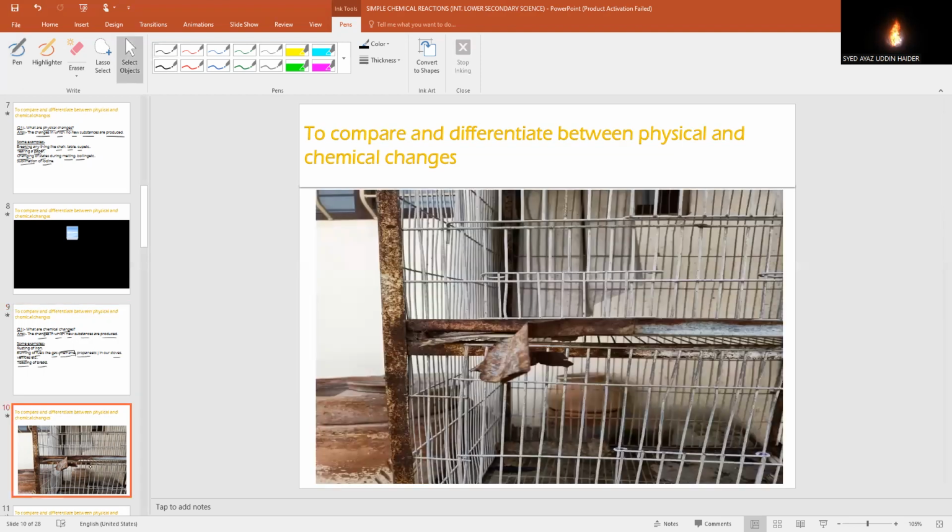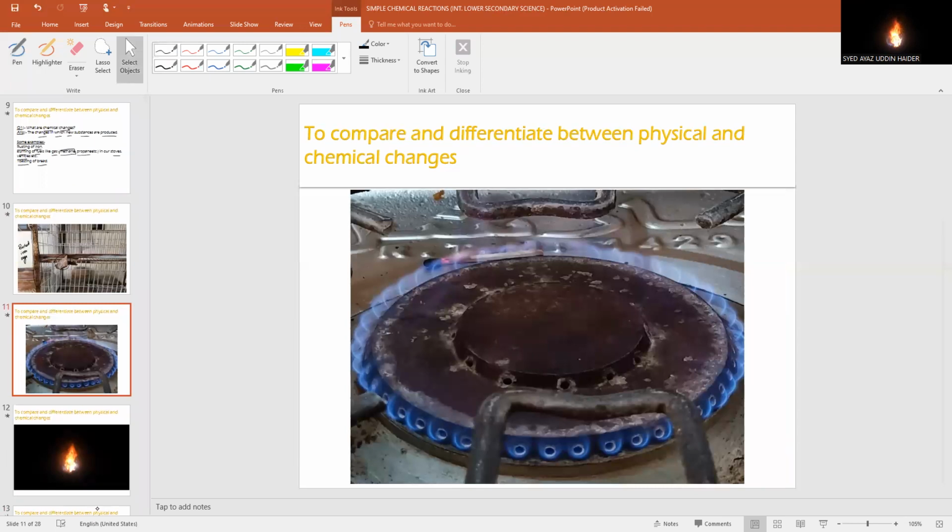So here's the iron cage, which is rusted. These are the rusted sides of the iron cage. This is methane gas burning on a stove.